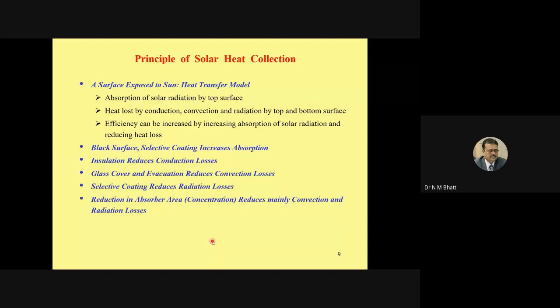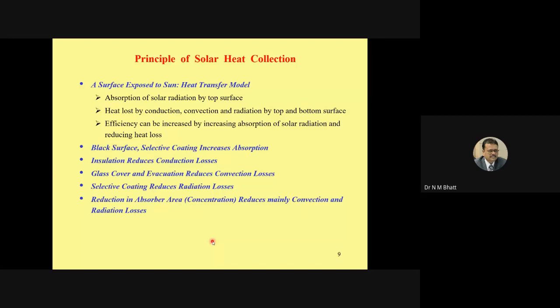Now, as I told you, suppose you want to design a solar thermal system, that is, a solar collector. You must remember the principle of solar heat collection. This particular slide is, you can say, the conclusion of the experience of working with various solar collectors.